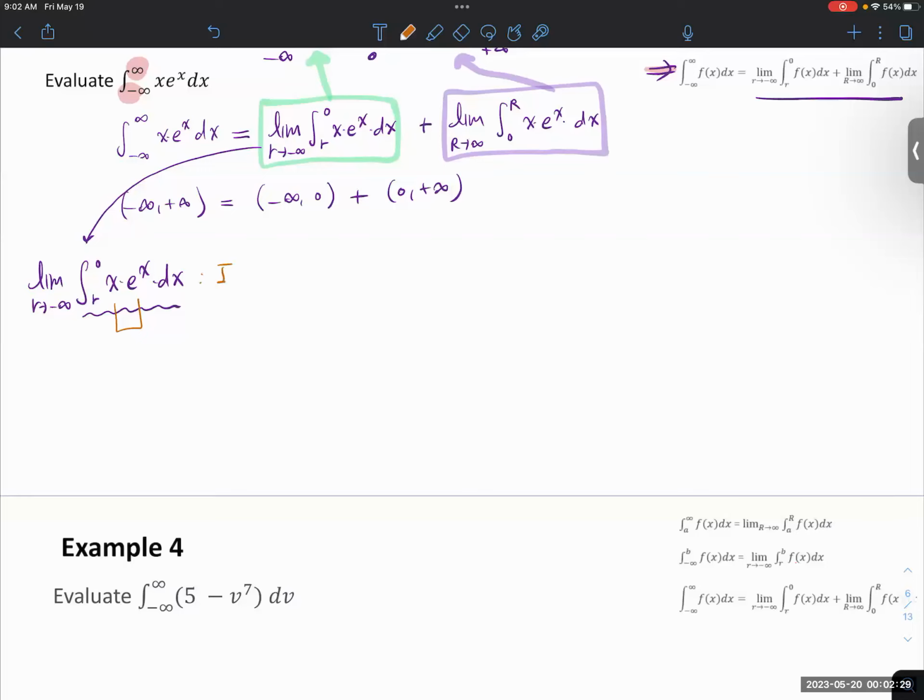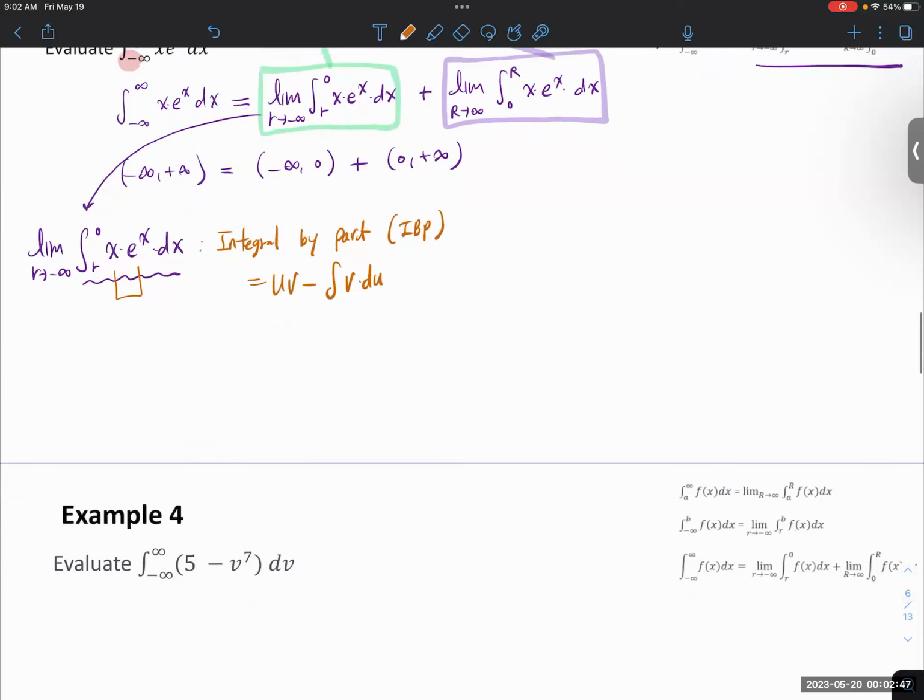So we're going to use integration by parts, IBP. Do you remember? IBP means uv minus integral of v du. You need to find 4 important components. So x times e to the x: x has priority to become u.